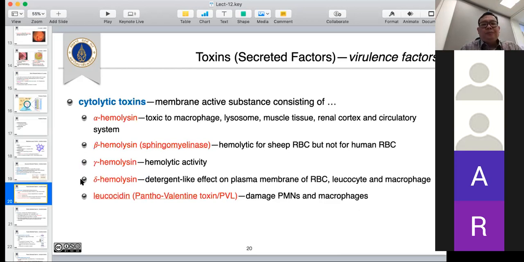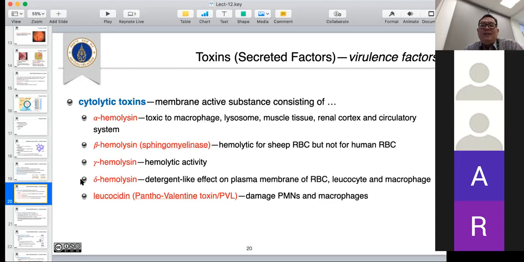And then they also release cytolytic toxins. This is a group of toxins comprising alpha hemolysin, beta hemolysin, gamma hemolysin, and delta hemolysin, which mostly destroy red blood cells. And leukocidin, sometimes called Panton-Valentine leukocidin, PVL.